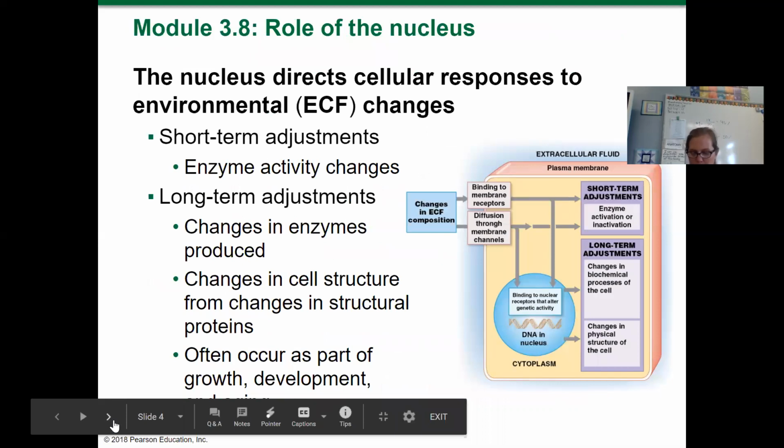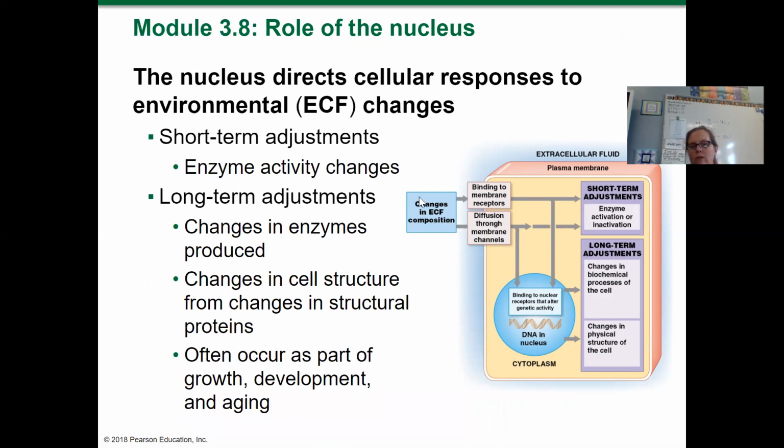If you look at this picture on page 109, you can see how the nucleus directs some adjustments when there's a change in the extracellular fluid outside of the cell. So, going through this, any kind of change in the chemical composition can have two things happen.